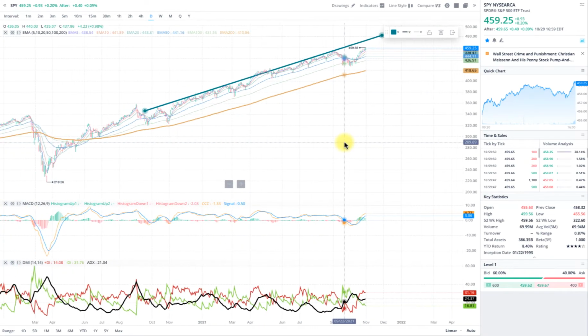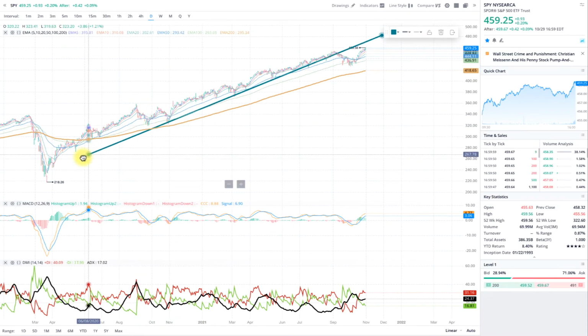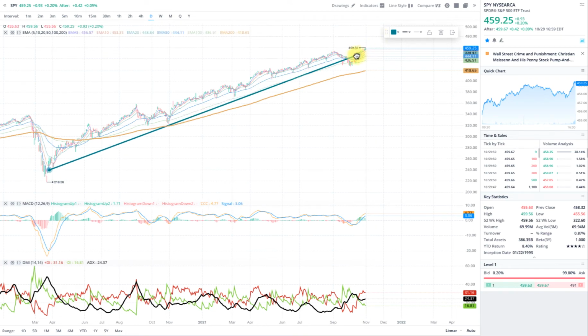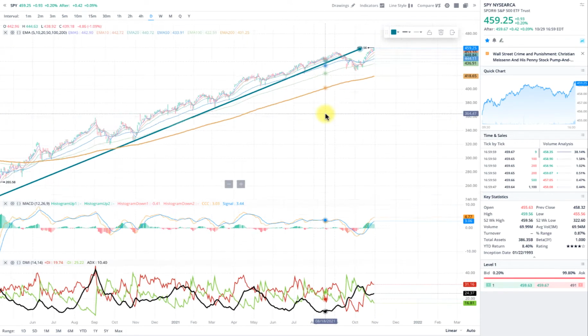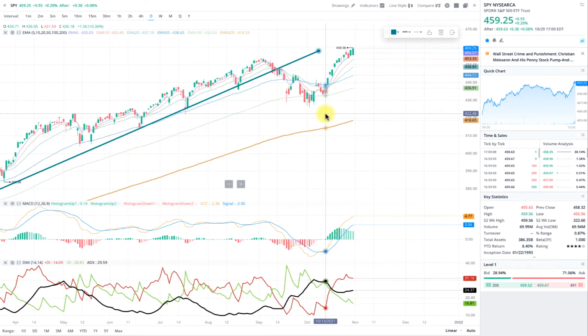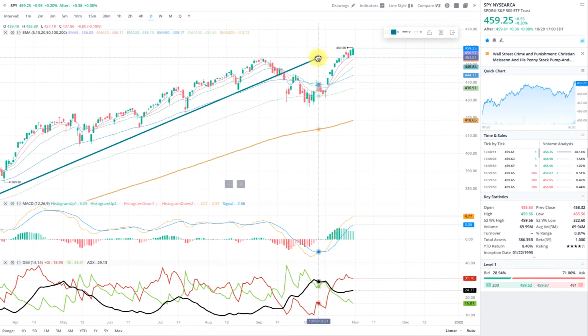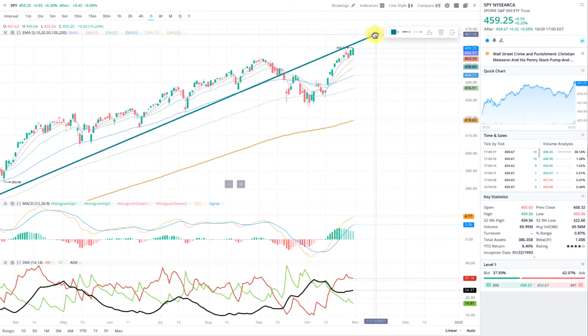I've been talking about the fact that we had this trend line from way back here, which was the initial break of the trend line. Remember a few weeks ago when we started this channel, we had this trend line here, and as soon as we broke it, we said, okay, well, it's going to take something more before this market is ready to go. Well, after we started bouncing, I said, well, you want to take a look at that trend line again.